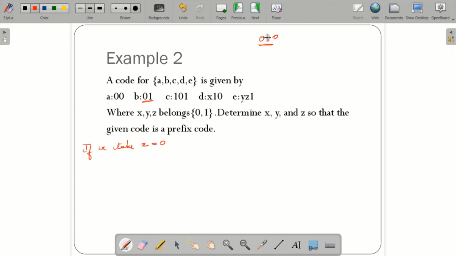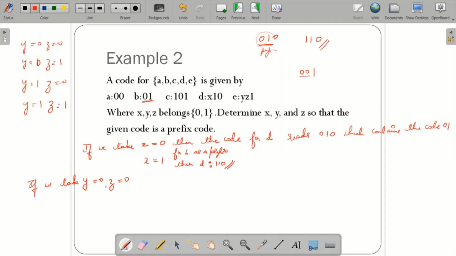If we take Y equal to 0 and Z equal to 0, it would be 001. 001 contains the code for A as a prefix. So we cannot take 00.